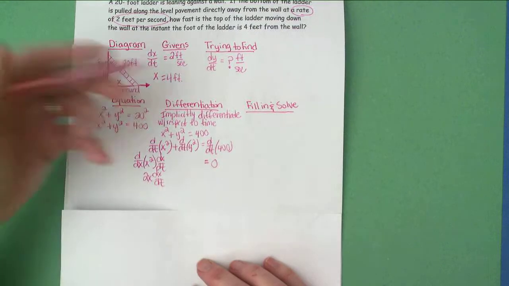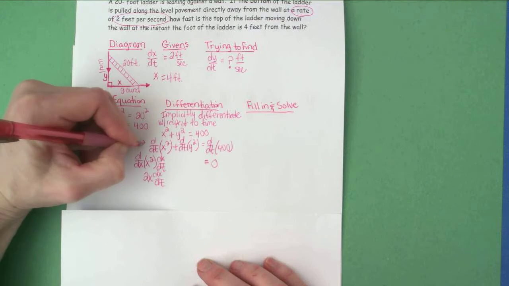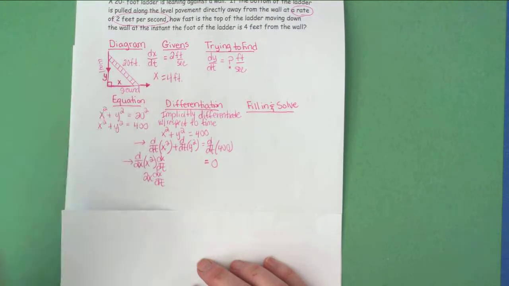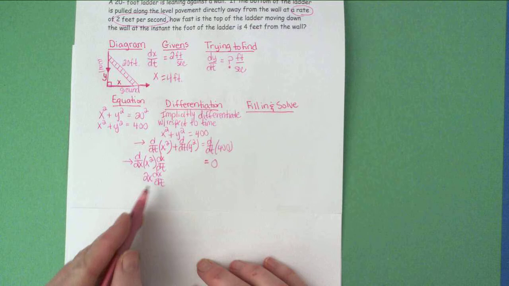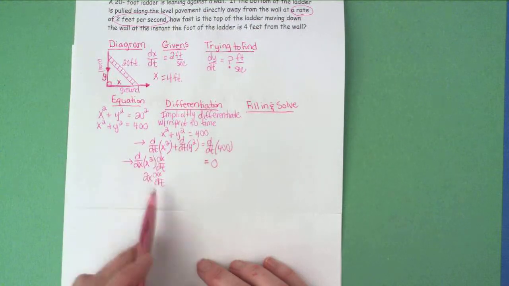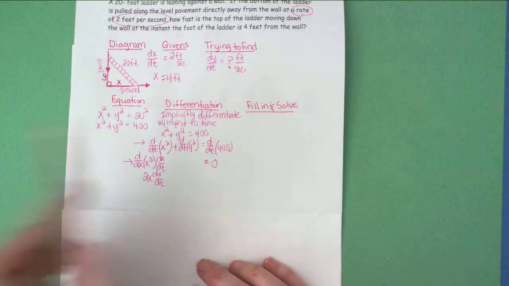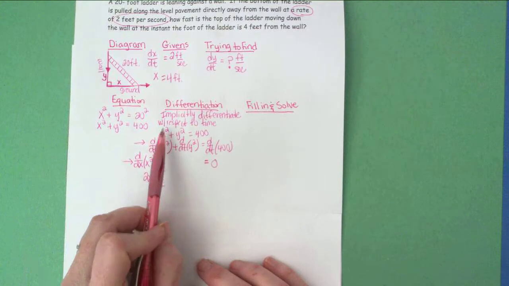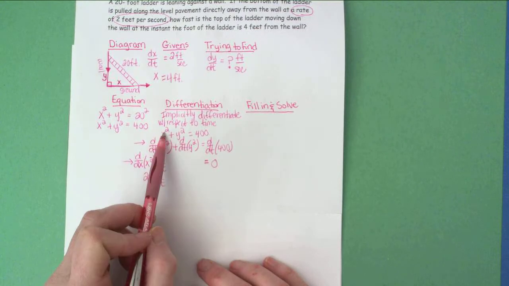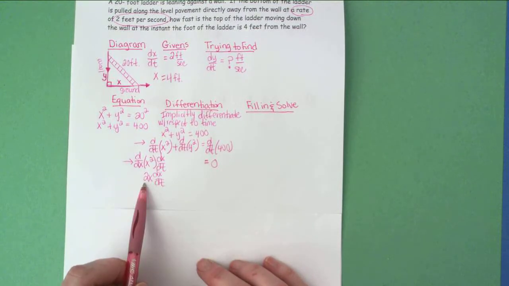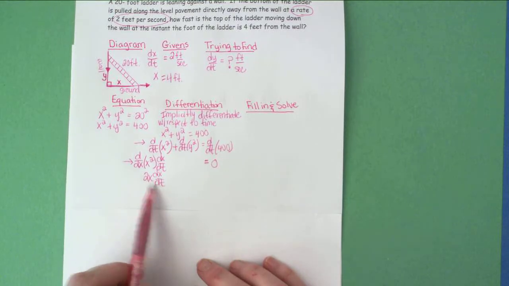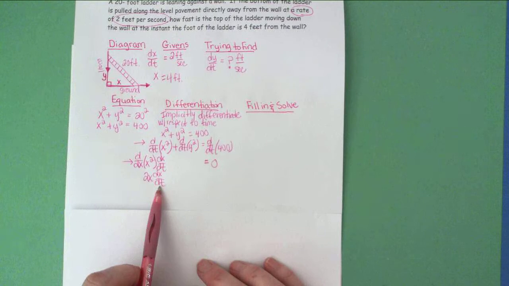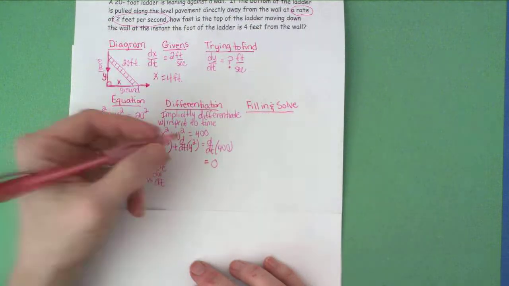I'm not going to make you show this step and this step with each related rate problem, but I do want you to realize this is the reason that when you differentiate x squared with respect to time, the answer is 2x, go ahead and differentiate it, but tack on whatever variable this is, in this case x, dx dt. Let's look at how that works with the next term.